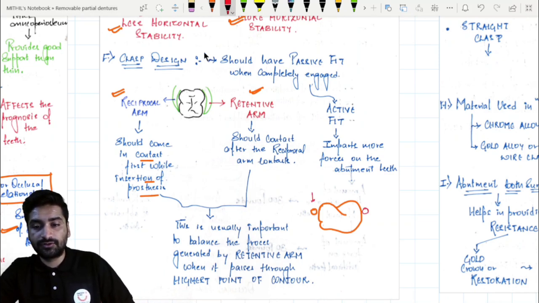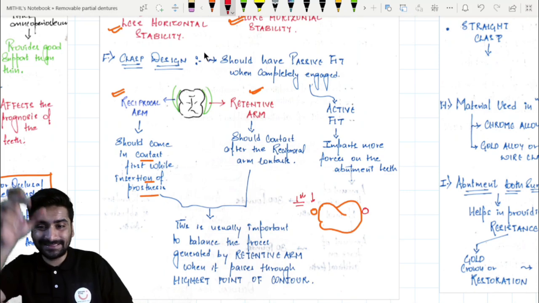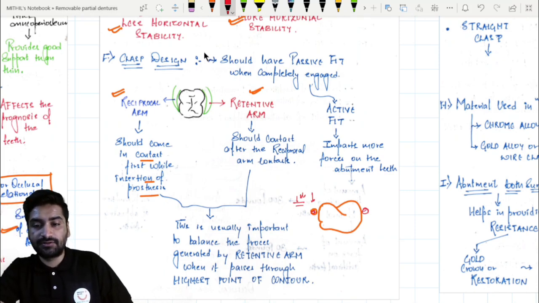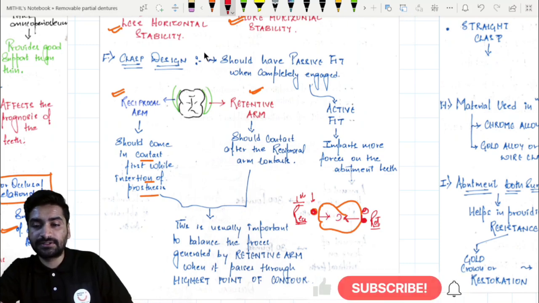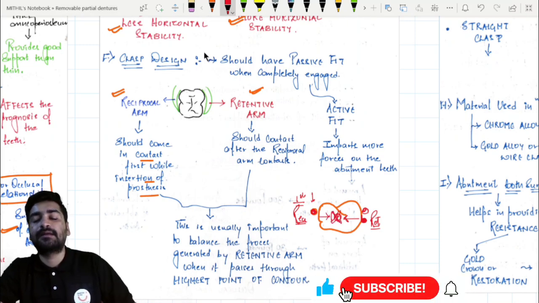This should be the first one to contact when you are placing the RPD, and then the retentive arm should come in contact when it is at the most prominent part. When it does, it exerts forces in this direction. To counteract those forces, the reciprocal arm should always be present prior to the retentive arm, so the forces are counterbalanced, right?